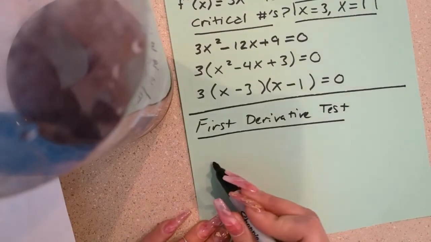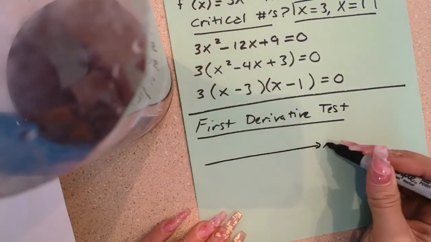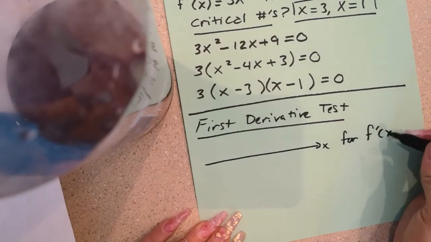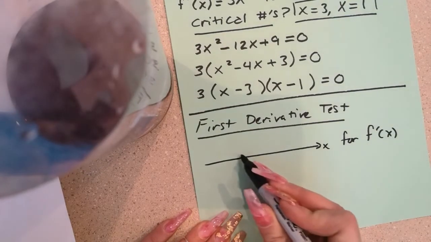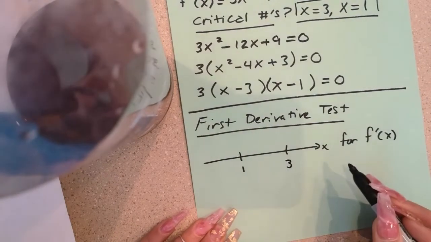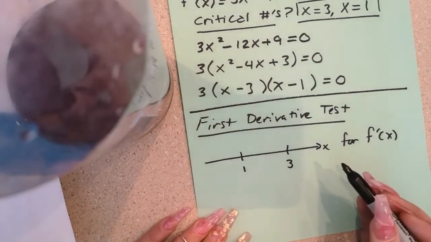So I would set up a sign chart. Remember, this is a sign chart for the first derivative. I would indicate my critical numbers here, and then I would test the value.